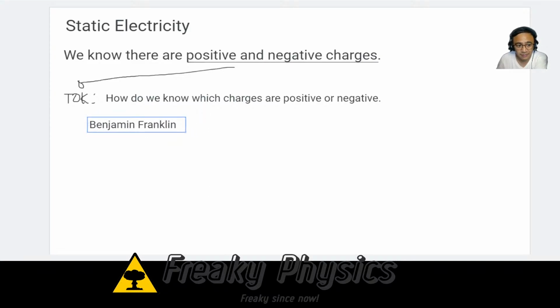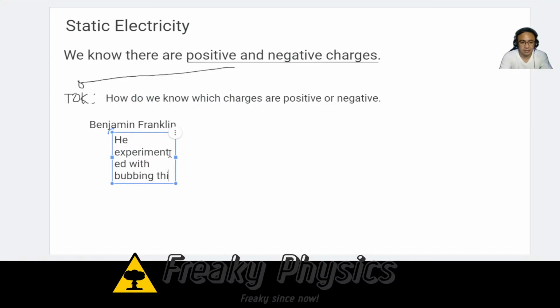However, for the context of static electricity, he contributed to this idea. He experimented with rubbing things together. Wait, Benjamin Franklin or Thomas Edison? No, this is Benjamin Franklin. The founding father? Yes, the Benjamin Franklin.